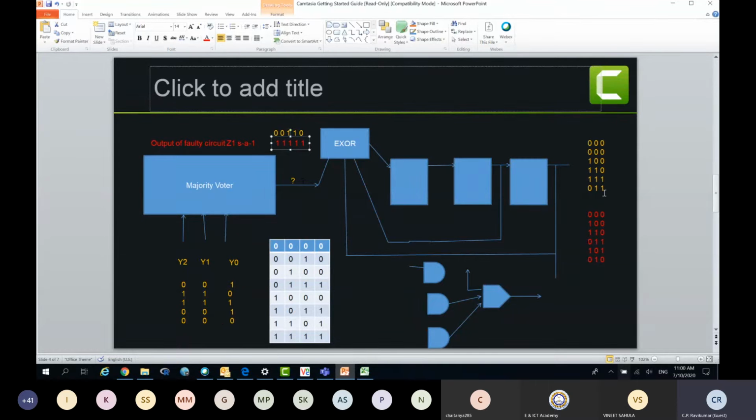And I found that the content of the LFSR is 011 in the fault-free case and 010 in the faulty case. Okay, so this is called the signature. The good circuit signature, and the faulty circuit signature.